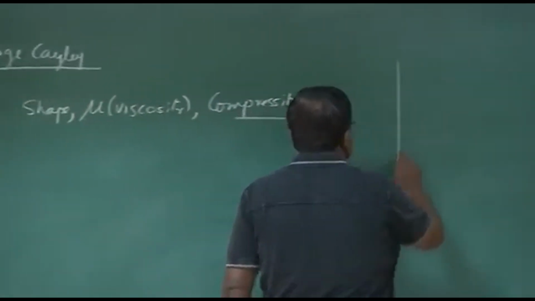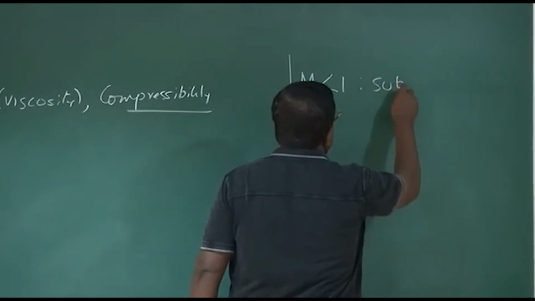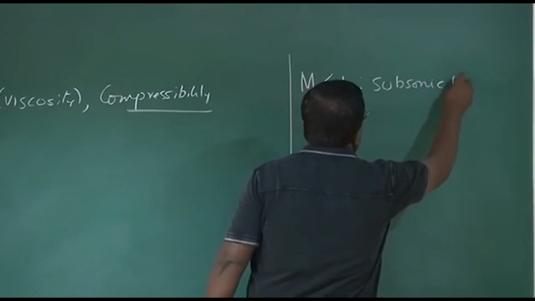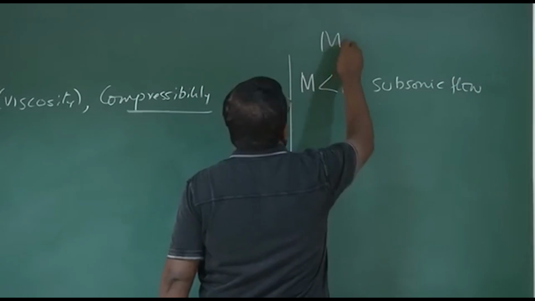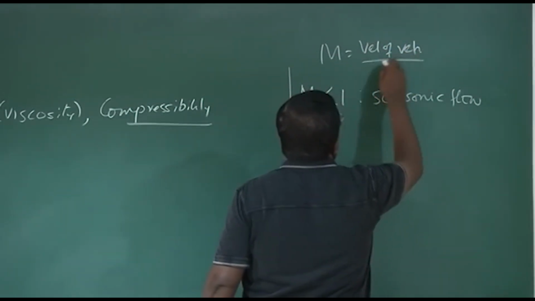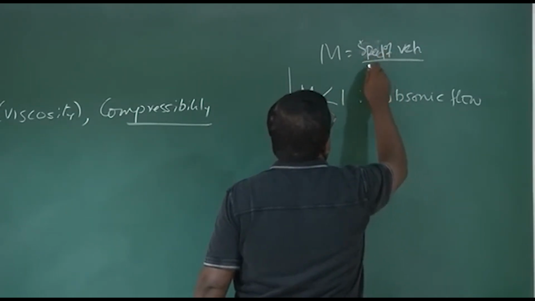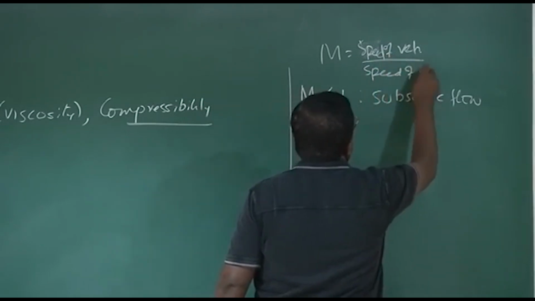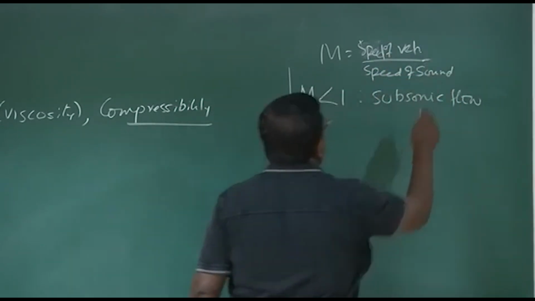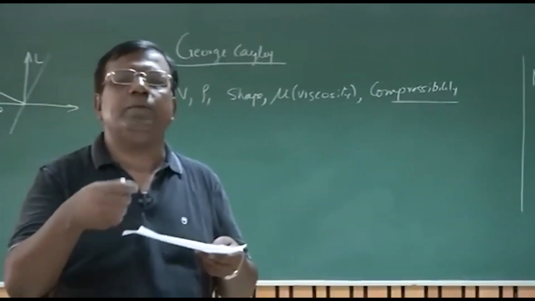Remember, or you can check, if Mach number is less than 1, we call it subsonic flow. And what was Mach number? Mach number was the velocity or speed of the vehicle divided by the speed of sound. Why was this important? Conceptually, disturbance propagates with a speed equal to the speed of sound.